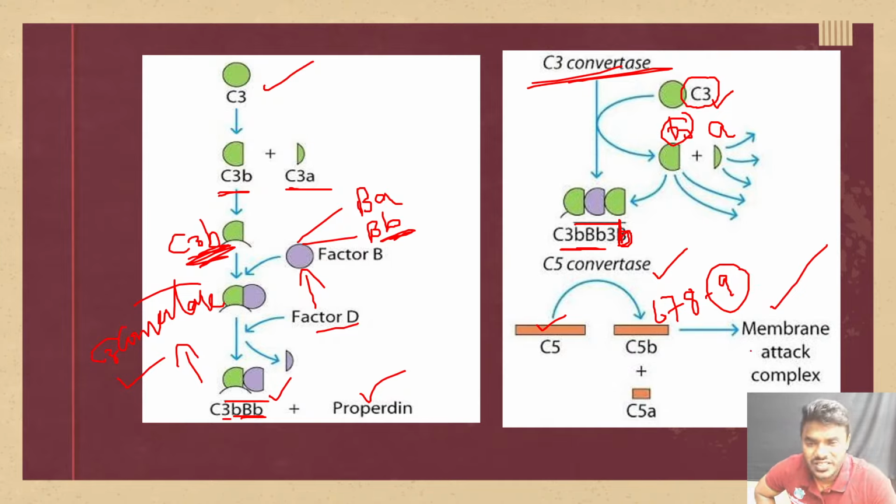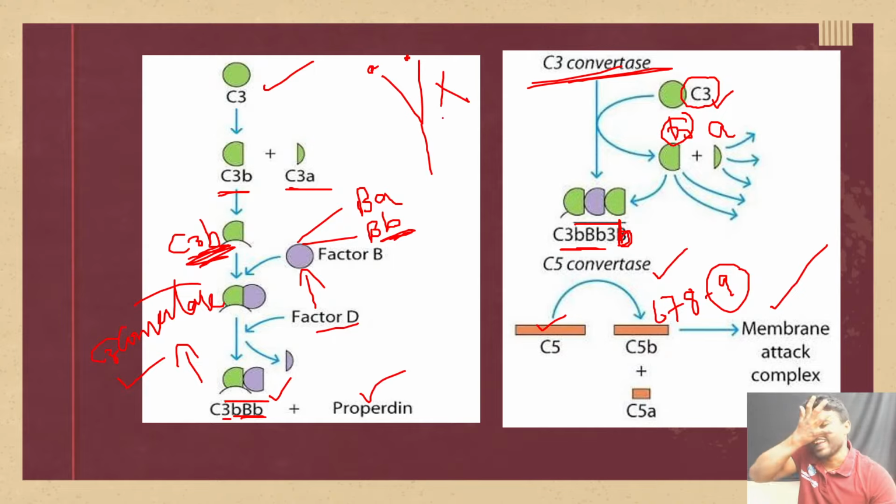Now what's the unique statement you can see here? There is no requirement of antibody and antigen interaction. It starts spontaneously from the complement 3 molecule. That's why we call it the alternative pathway. Kindly do not get confused with this.